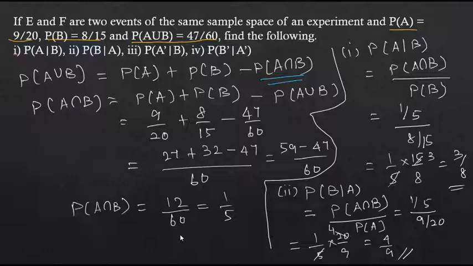Let us move to the next problem, that is the probability of A dash such that B has already occurred.